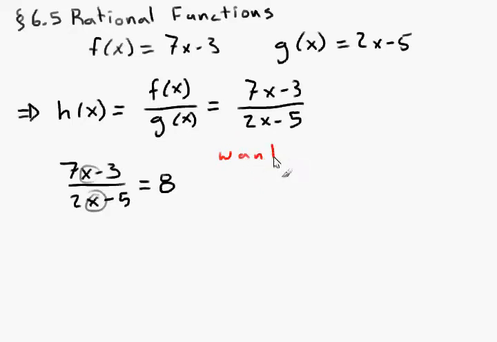We just want 1x, and then we can get x is equal to whatever. So let's get this x out of the denominator where we can't work with it, and to do that we're just going to multiply both sides of this equation by the denominator.